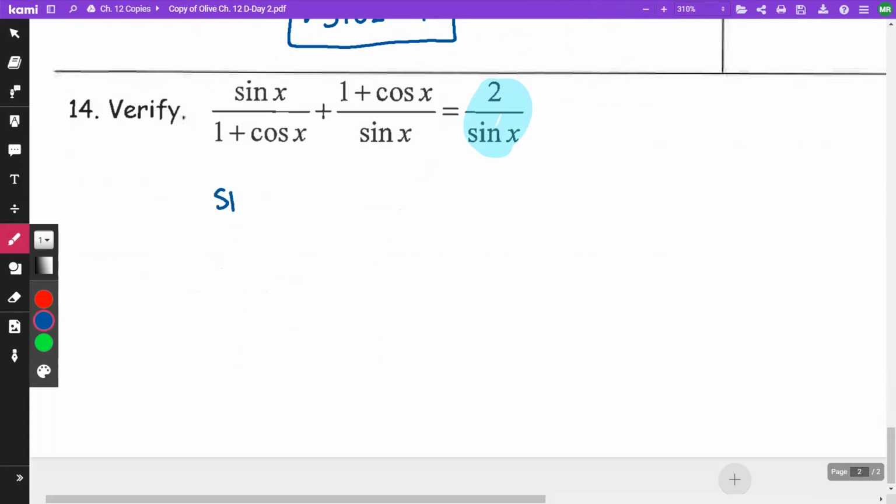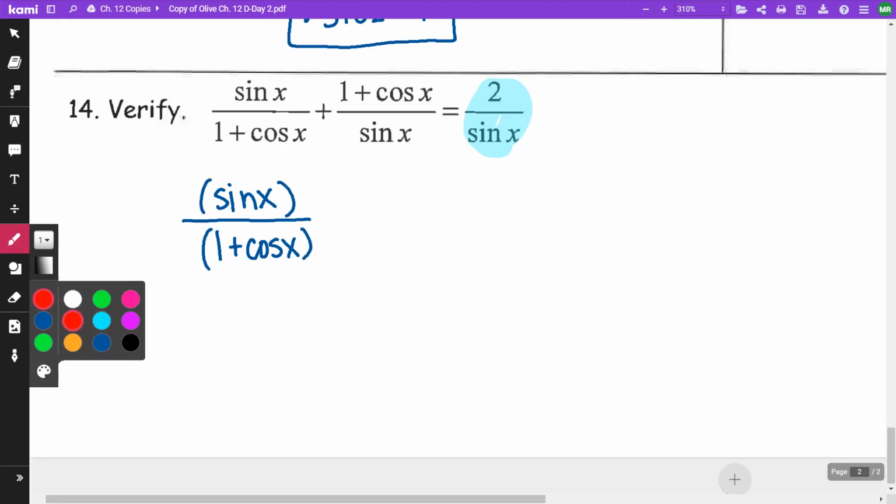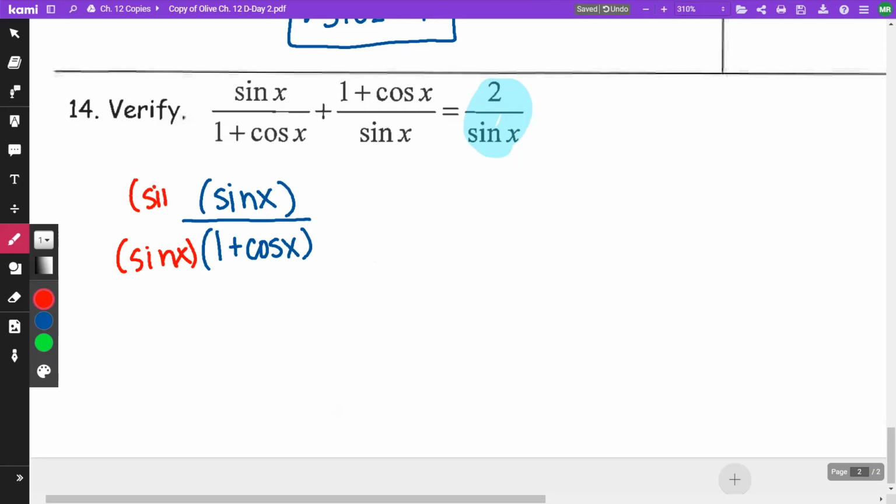So what I'm going to do is take the sine x over 1 plus cosine x, and multiply top and bottom of that by a sine x.